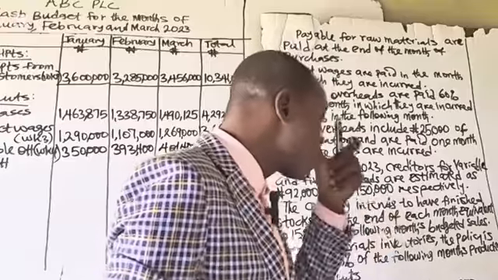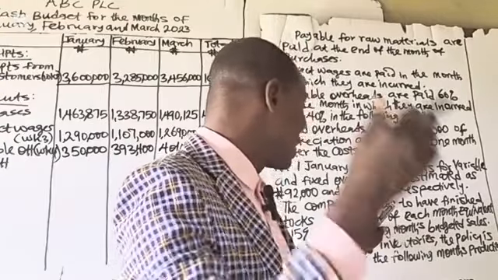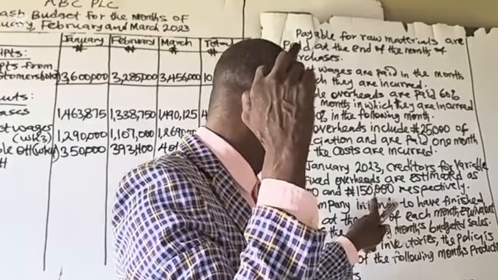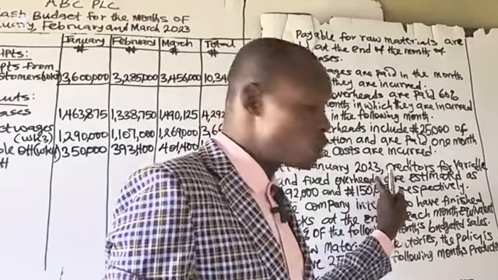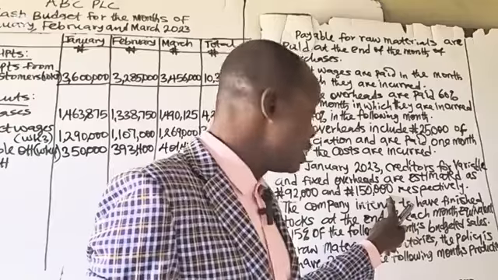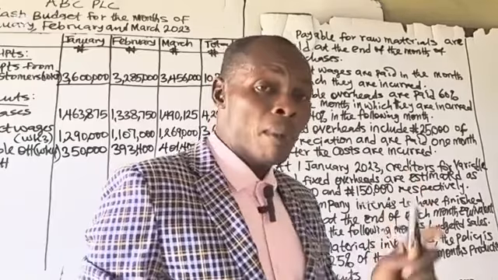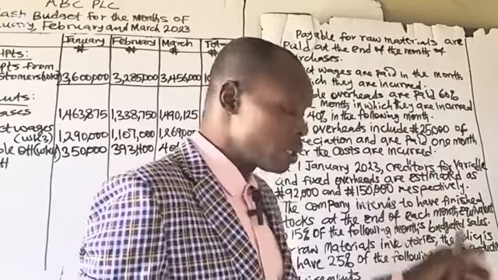So this amount will be considered in January 2023. This is an outstanding balance as at December 2022, which was brought forward to January 2023. So this will be the amount that will be paid in January 2023. The amount incurred in January 2023 will now be paid in February, and in that order.